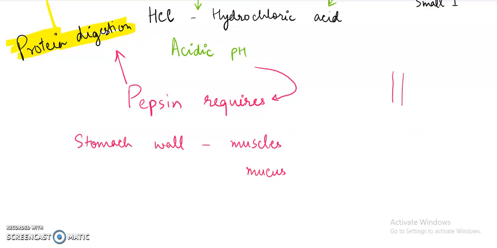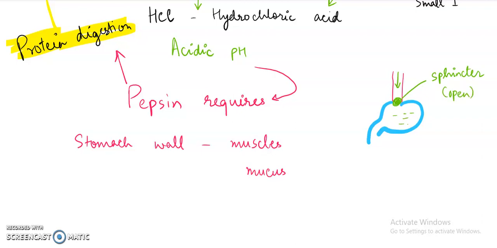Now, we already talked about the sphincter. This is the esophagus, and the blue structure which I am drawing right now is the stomach. Here at the position where I am coloring green, there is a sphincter. A sphincter is a group of muscles that contract and relax to maintain the opening and closing. Now the food is passing from the esophagus. If it has to enter the stomach, the sphincter has to open, right?